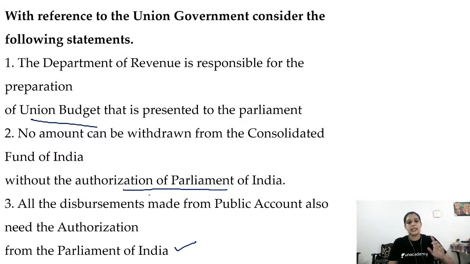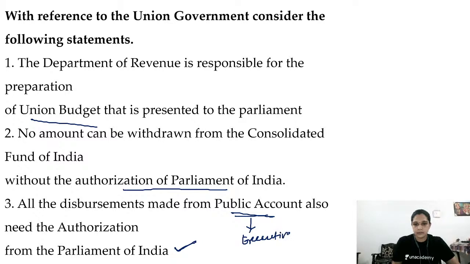For the public account, Parliament of India does not have any power, because the public account works based on executive orders. In one class, we discussed funds in the devices of parliamentary proceedings. I discussed three funds: the Consolidated Fund of India, the Contingency Fund of India, and Public Accounts.